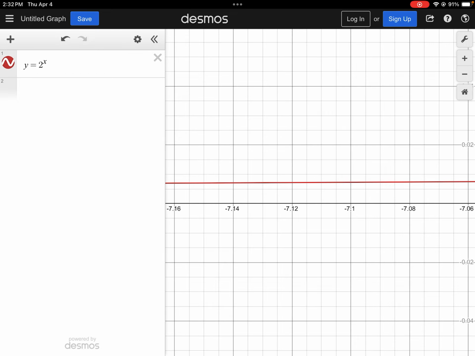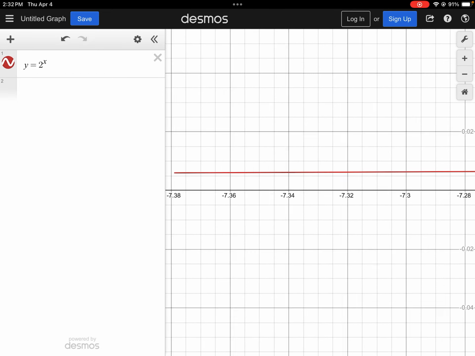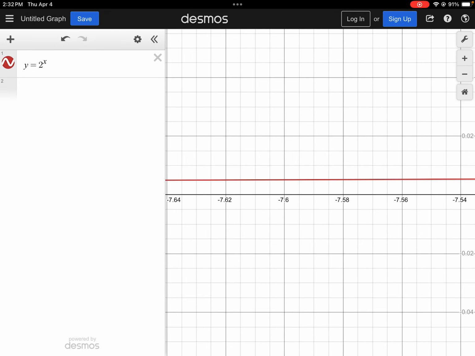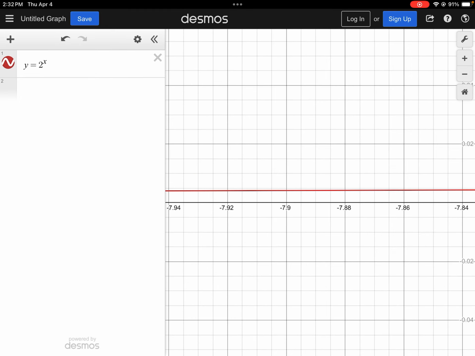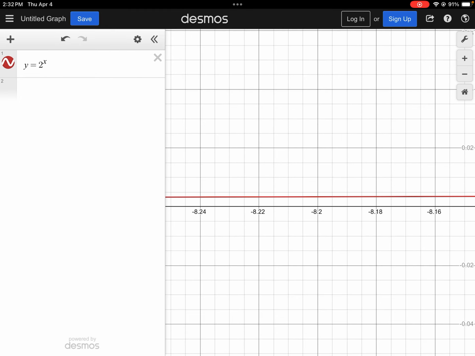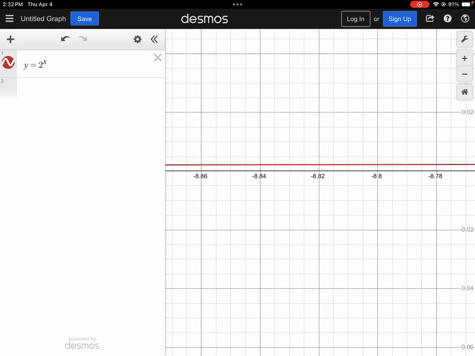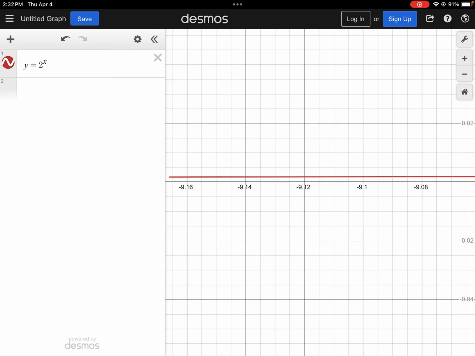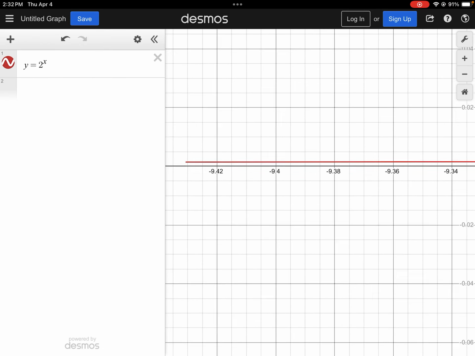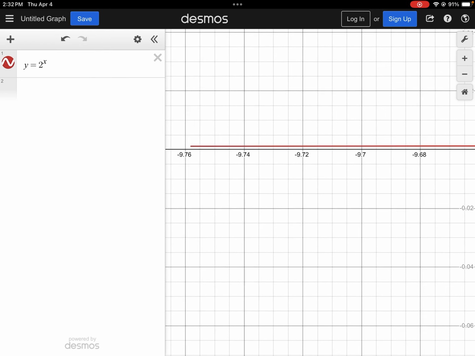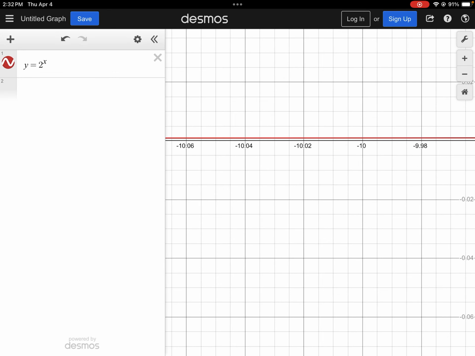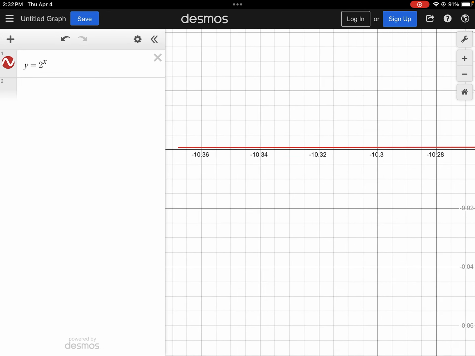Okay, well, let's go find the point where it's going to cross the x-axis. Way so far away, still not touching, still not touching. And every time you get to a point where it looks like it's going to touch the x-axis in Desmos, what you're going to do is zoom in further. Okay, we're getting there. It's almost touching.